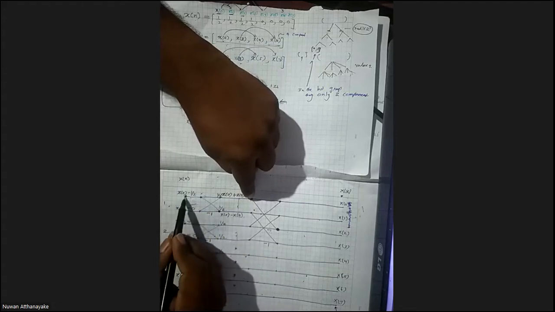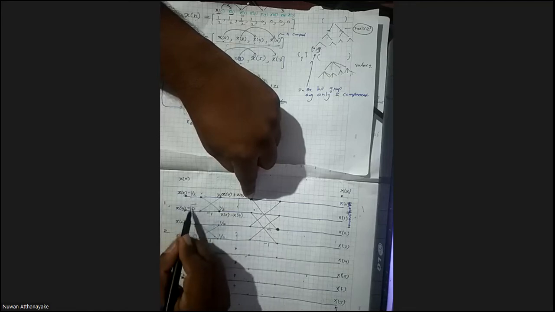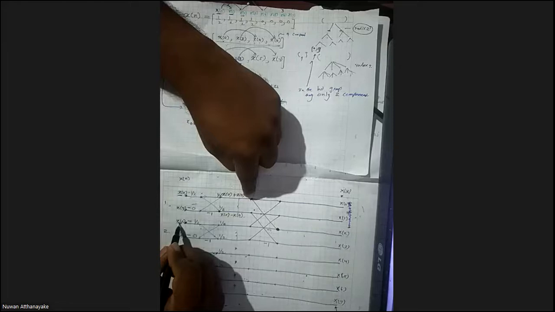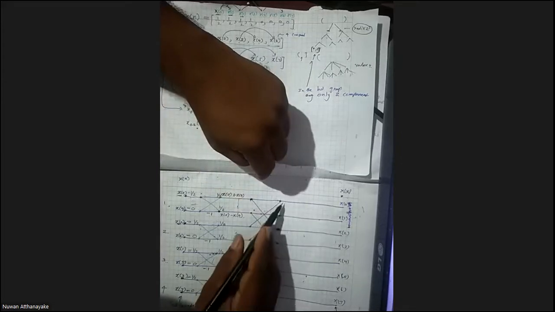So you can see that this is one component and this component is in another group. If you consider these two, this is the first component of this group and this will be the first component of this group. You have to add the first component of this group with the first component of this group, and the second component you have to add in this way, and this one also you have to go through this.